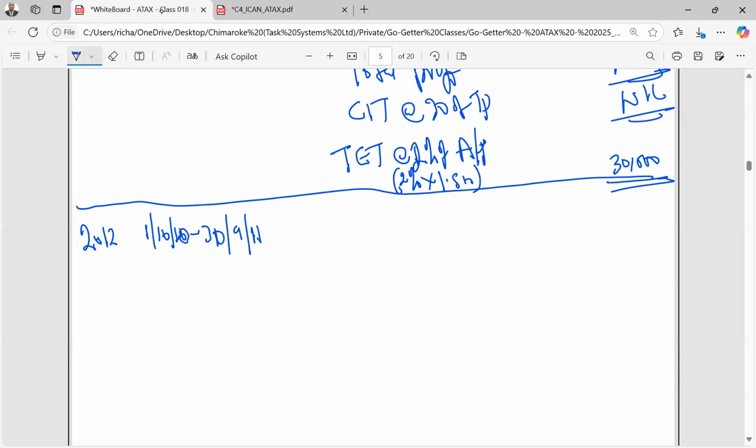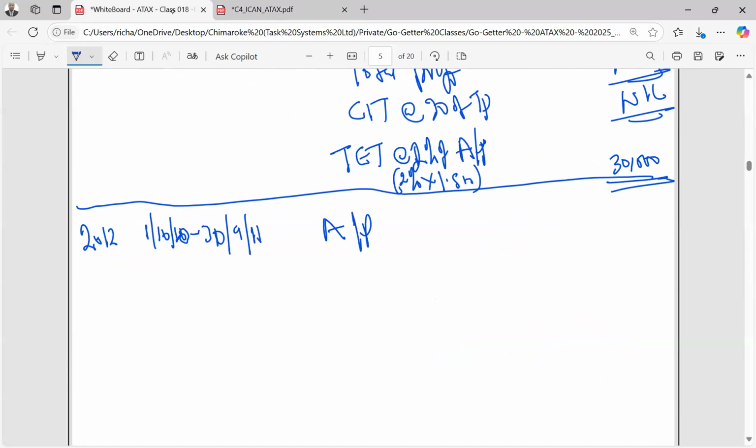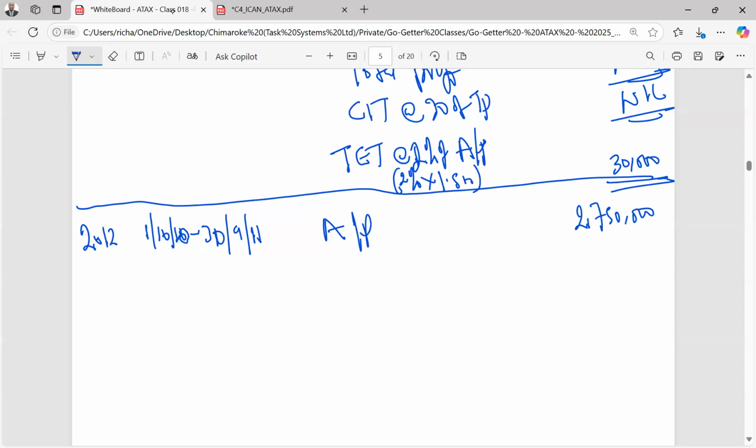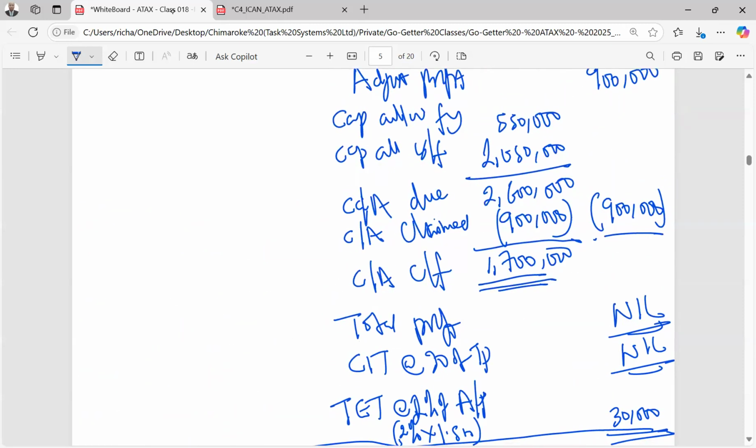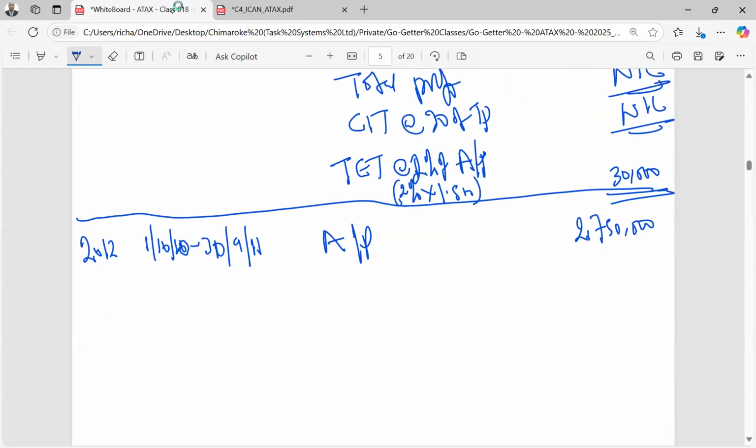And if we look at it now, it's going to give us assessable profits of 2,750,000. So we'll take it here, 2,750,000. All right. There is no loss that will be carried down, because no loss from that year.